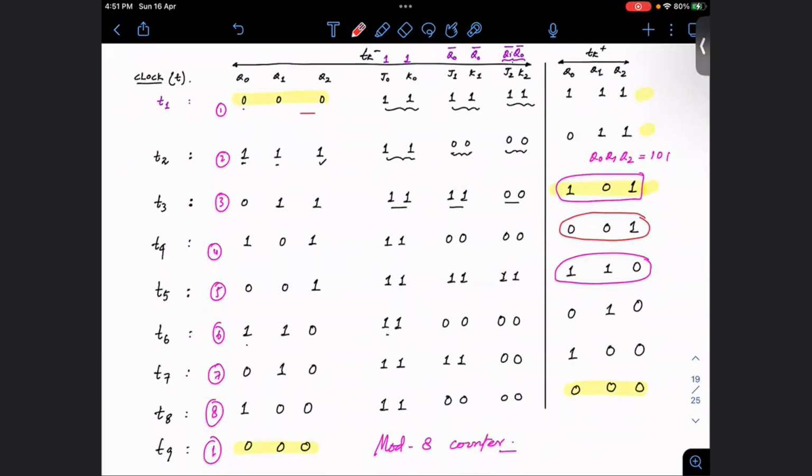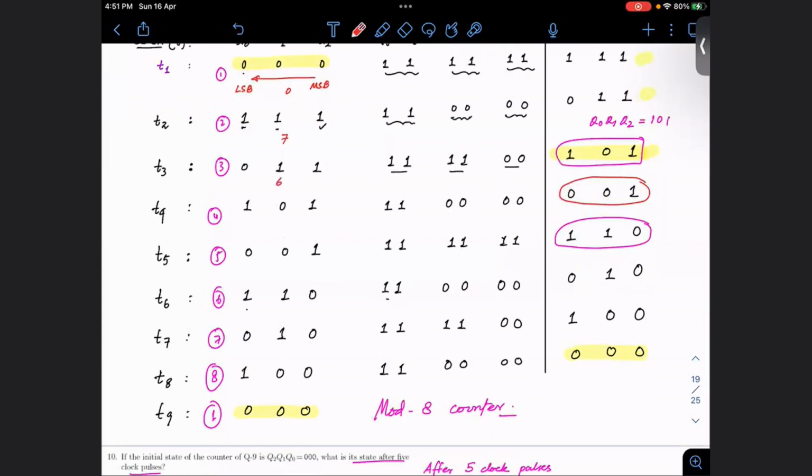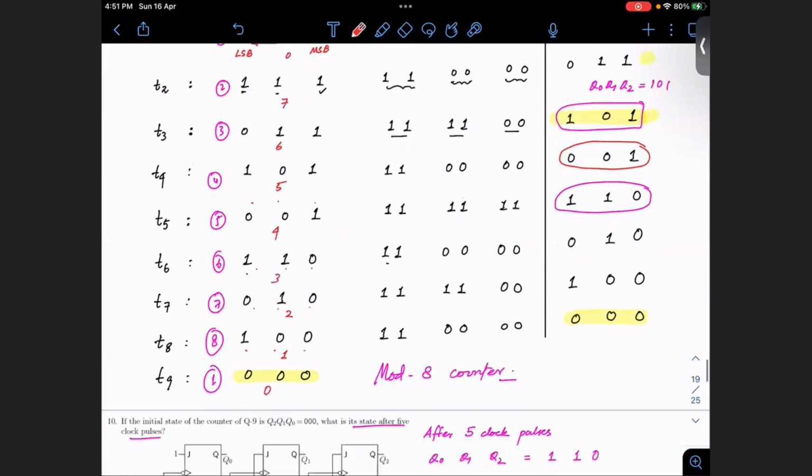This is MSB, this is LSB. So this is 7, 6, 5, 4, then 3, 2, 1, and 0. So it is a down counter. We can readily see that.